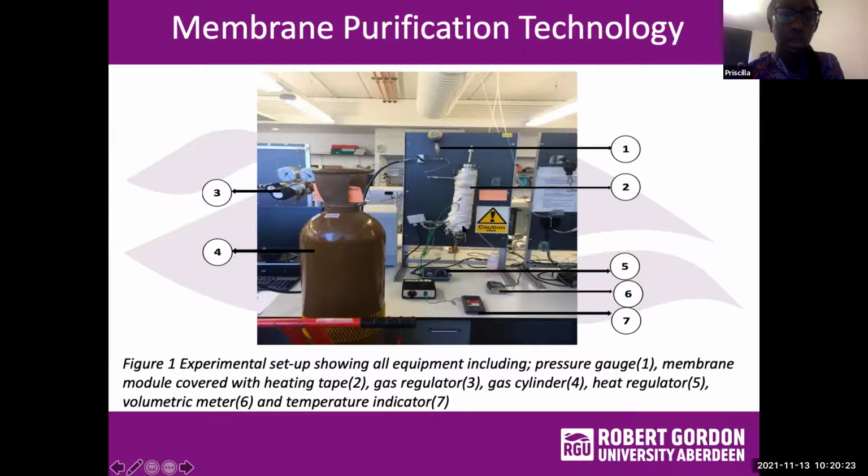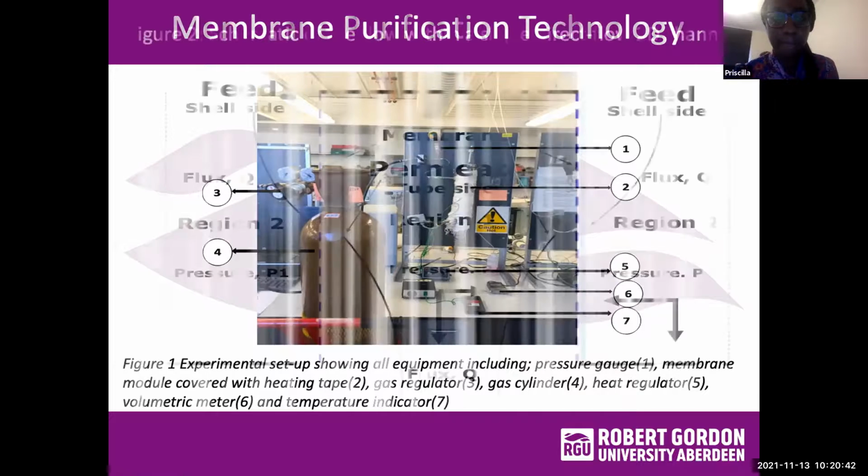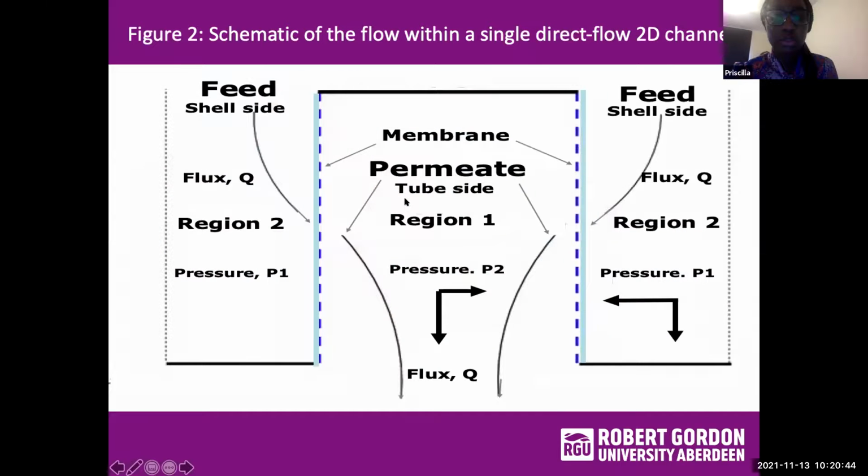The gas comes off as the retentate, and then the unwanted gas as permeate, and the permeate and retentate gases go through another flow meter and give us some of the information that we use to analyze the behavior of the gases. This is also a schematic showing what happens with regards to pressure, flux, and basically the permeation of gases, in this case, majorly methane and CO2.